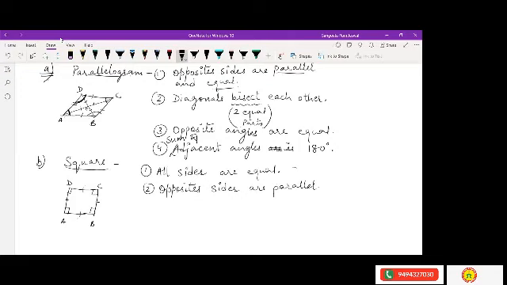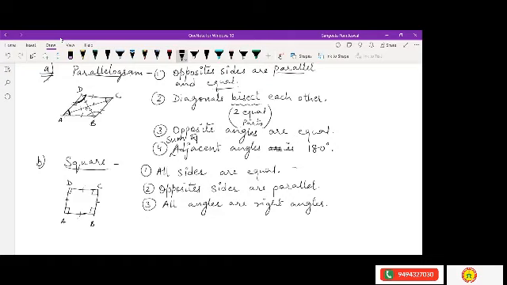And what else did we study? Angles at the vertex. It has 4 angles and all angles are right angles.